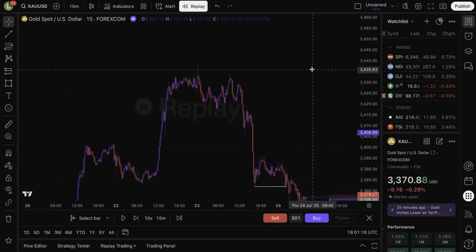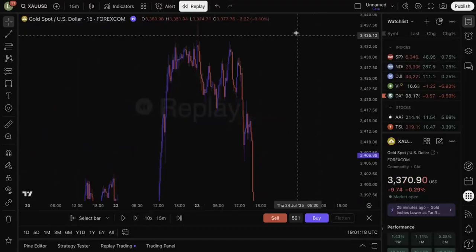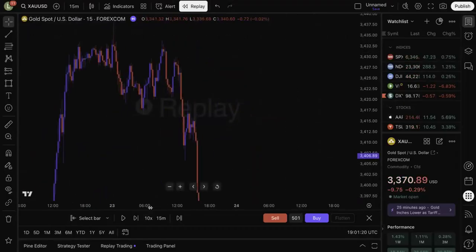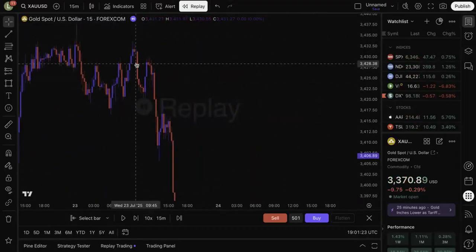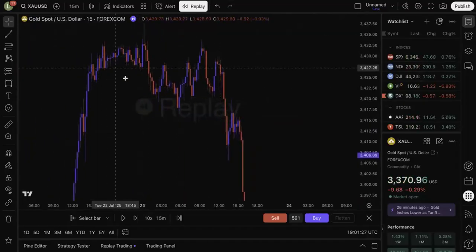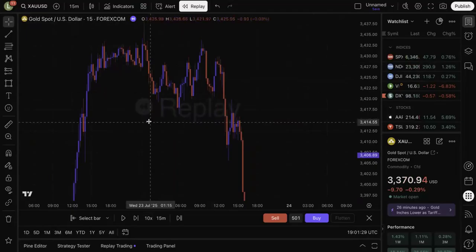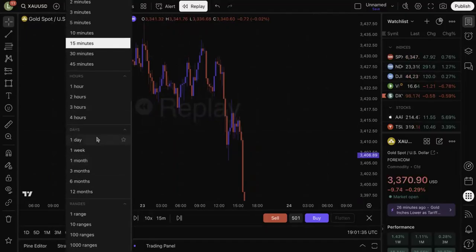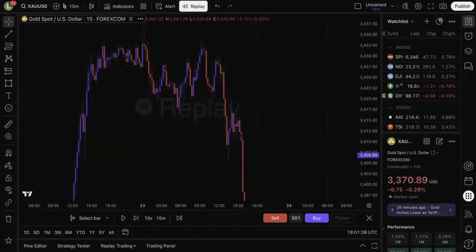Let's go to another example whereby we have a breaker block. Let's go somewhere we have a breaker block. So from here, after I taught you about directional bias yesterday, let me show you why I was selling from here.